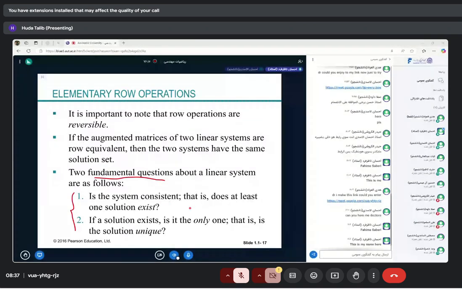This means that it has at least one solution, either one solution or infinite solutions. And the second question is, if a solution exists, is it the only one, that is, is the solution unique? If it has only one solution, that's called the unique solution. So this is another situation in which we refer to the linear equation as consistent.